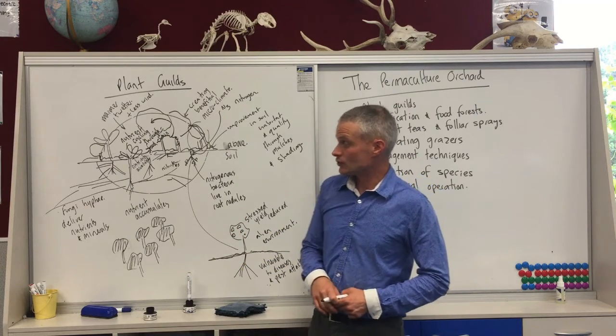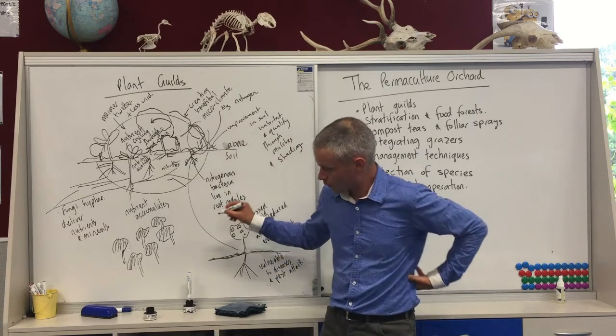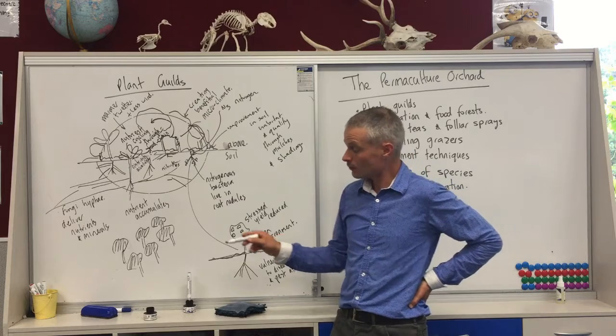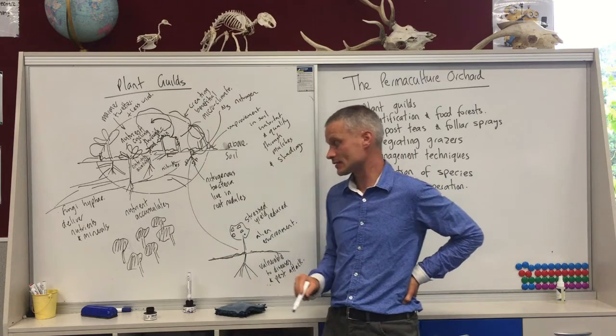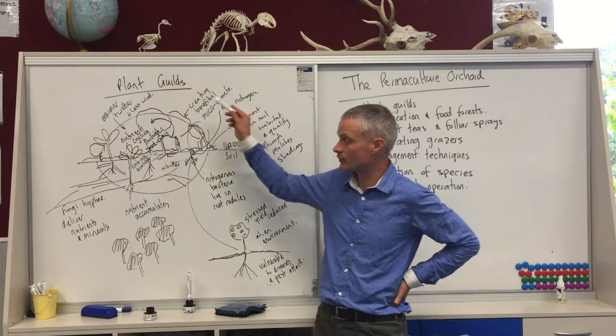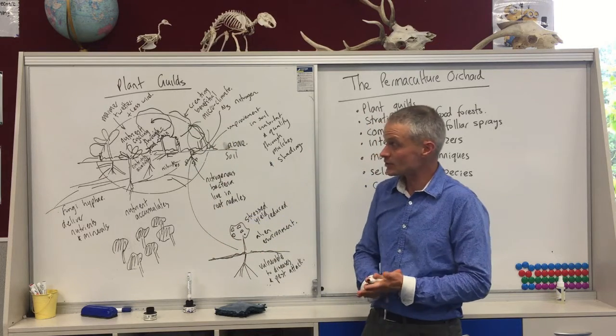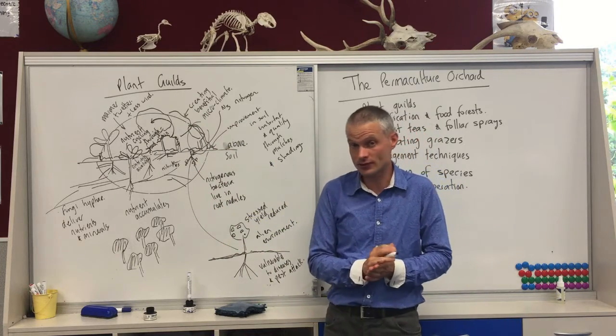So what we need to do is work with either a redesign of the system or a retrofit of the system to make it more aligned with the type of system that these plants would like to live in. That's the objective of a permaculture orchard design.